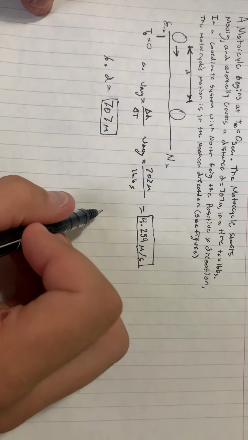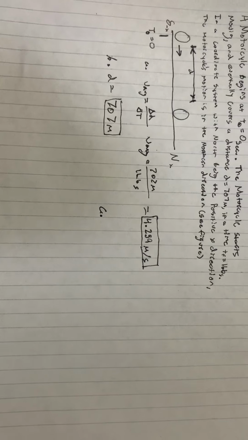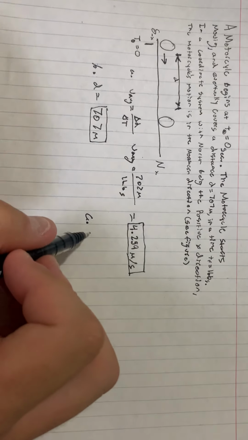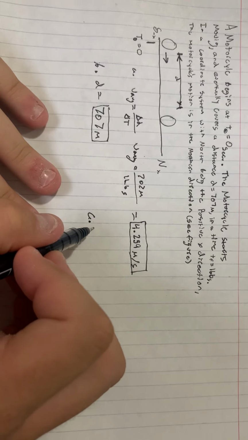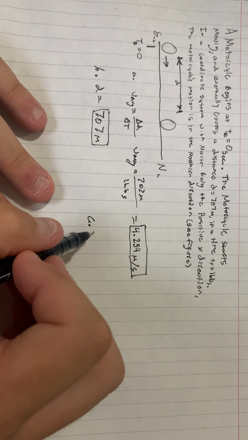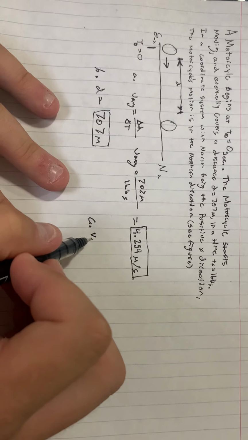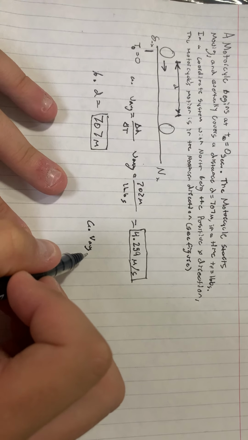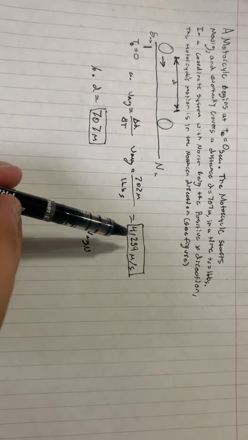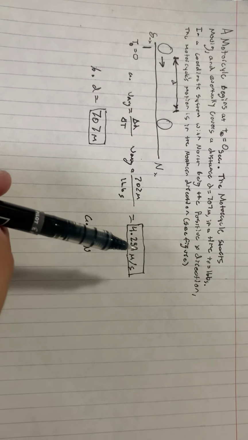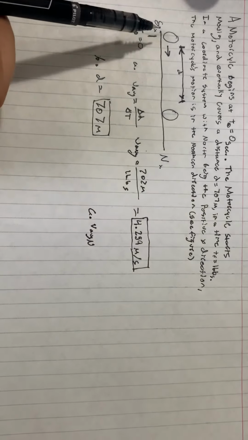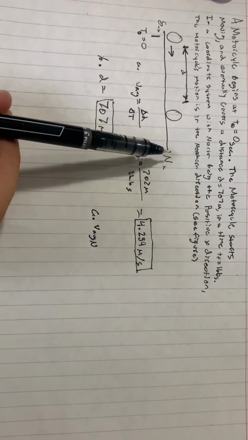I'll go over here for C. C is asking for the average velocity of the motorcycle throughout its journey. Average velocity is right here, v avg, which is going to be the same as our A answer, since it's moving straight, in the positive direction north, starting here, moving in the positive direction north.